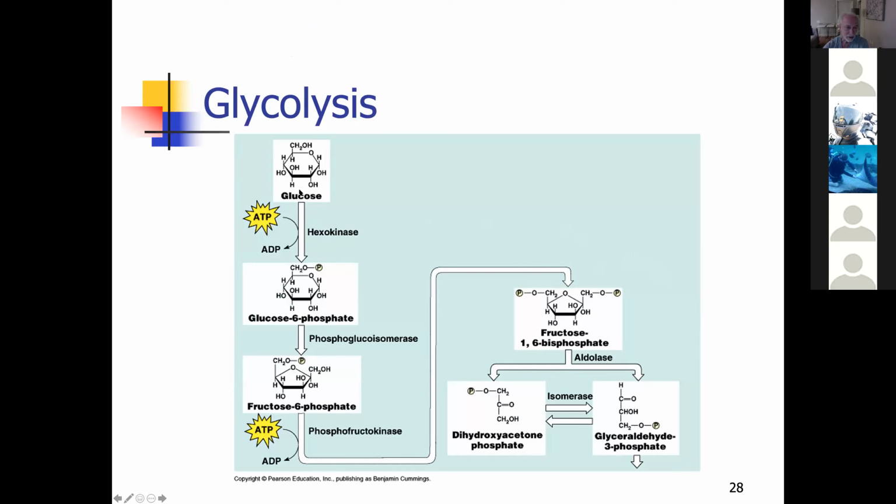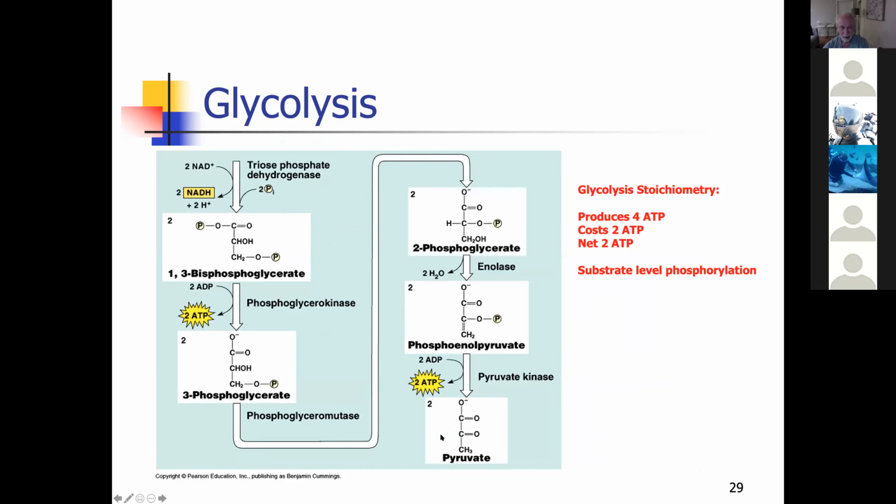At the beginning of the pathway, it actually uses ATP. It uses one in the first step with hexokinase, and another one in the conversion of fructose 6-phosphate. But then at the end, it generates ATP. 2 ADP makes 2 ATP here.